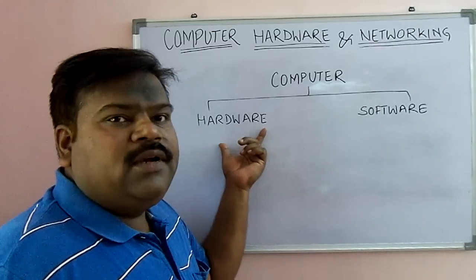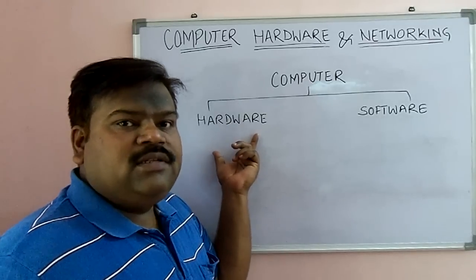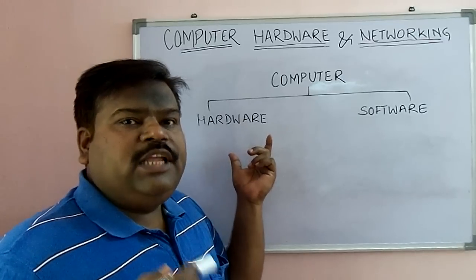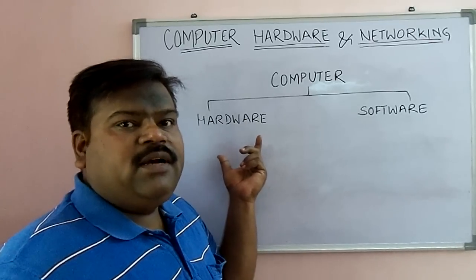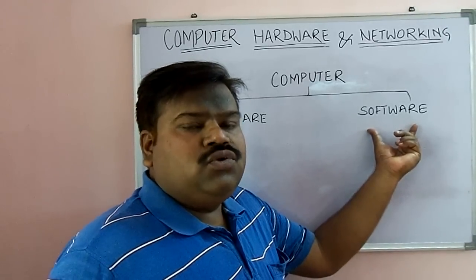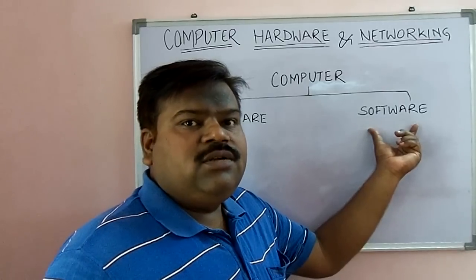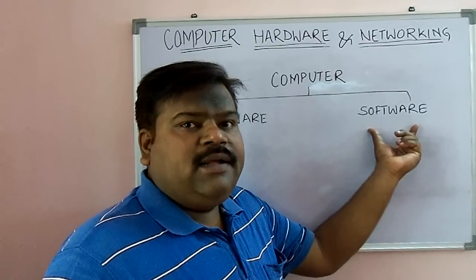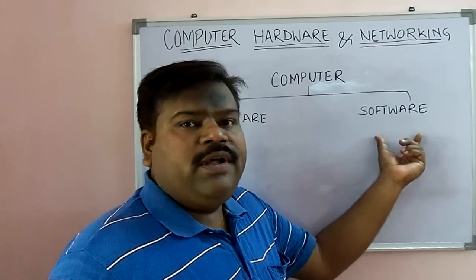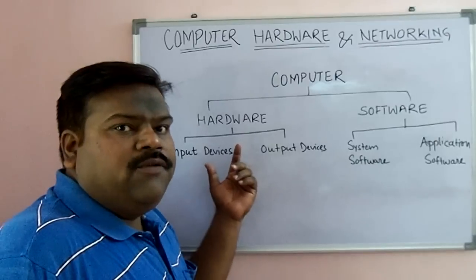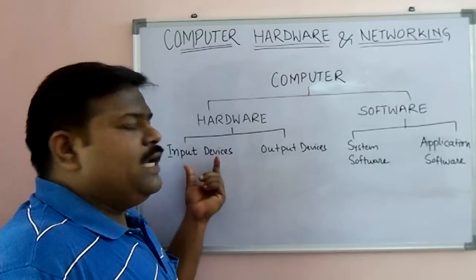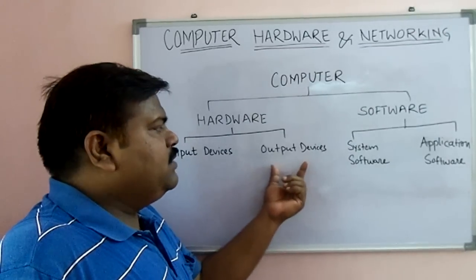What is hardware? Hardware are those devices which we can touch and feel, like monitor, keyboard, mouse, printer, etc. And what is software? Software is a set of instructions or programs like Windows 8, MS Office, Photoshop, CorelDRAW, etc. Hardware can again be classified into two parts, that is input devices and output devices.